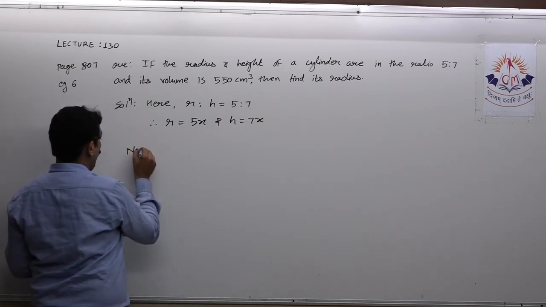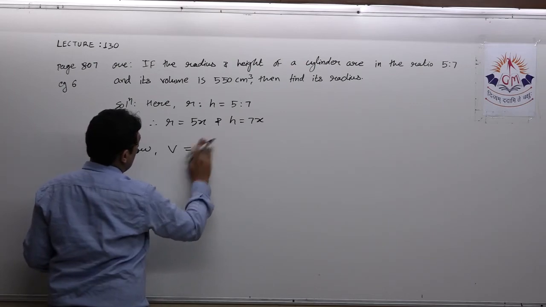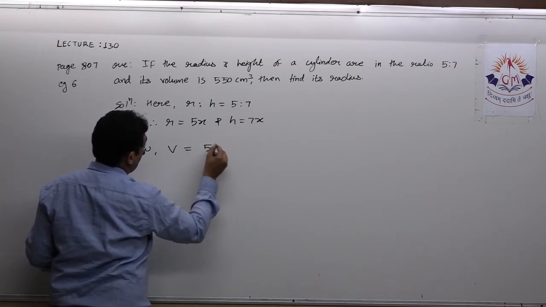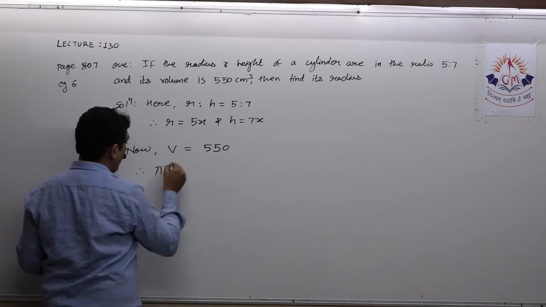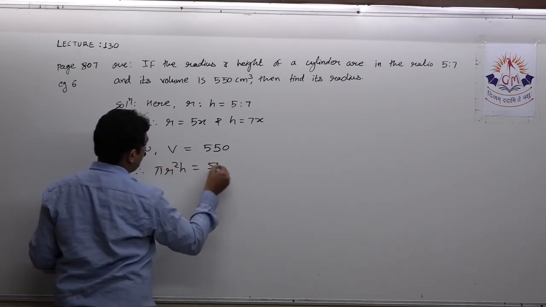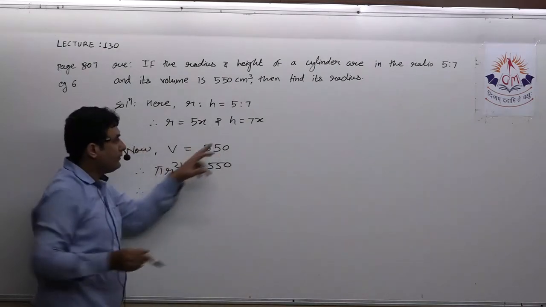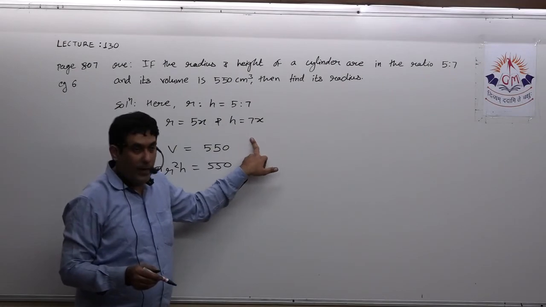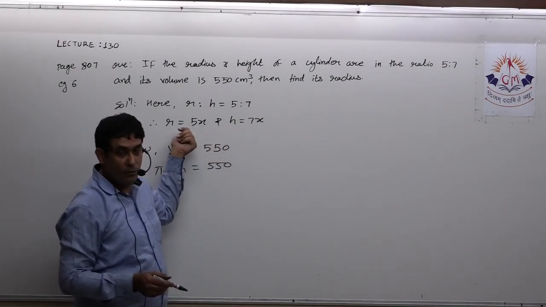Now its volume is given. We know the volume of a cylinder is given as 550 centimeter cube, and we know volume is pi r square h. Now here I can put the values of r and h in terms of x, and after obtaining x I will put it over here to get the value of height as well as radius.